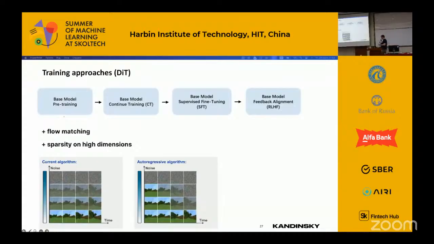Another one that is really important is sparsity. Sparsity is really important because in higher resolution, one video is such a big bunch of information. So you should not model each connection. You should not connect each latent pixel with each latent pixel on the video to model this process, because in higher dimensions there is a lot of redundant information.